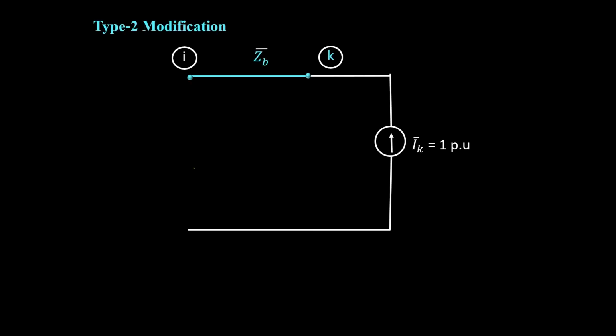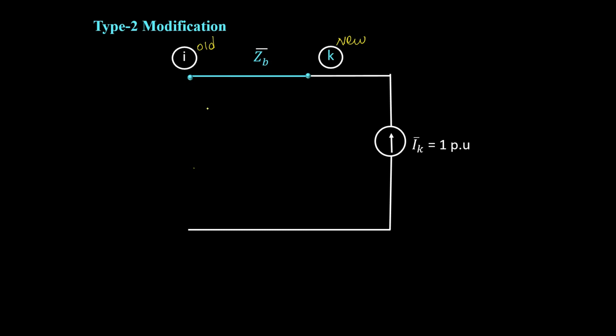So now for better understanding, let me consider that section of the nodes separately. That is, we already have the ith node in the partial network and we have taken the kth node. This is the new node and this is the old node, and we have added an element which has the branch impedance Zb, and we have injected a current of magnitude 1 at the kth node.